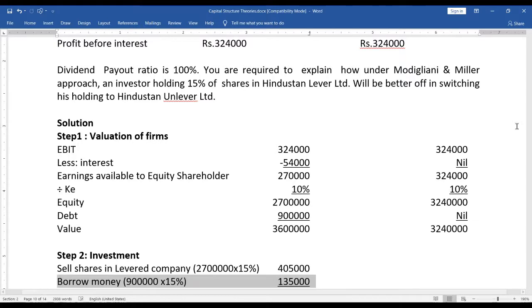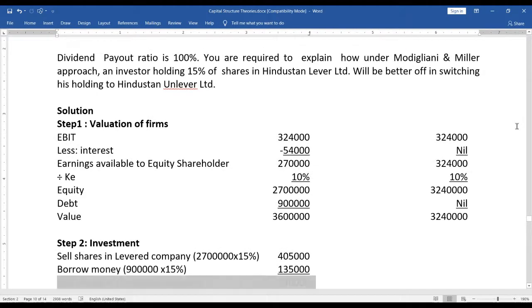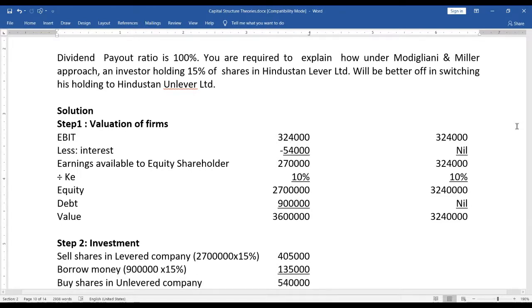At the same time, you borrow money. 9 lakh rupees is the borrowing for the company, and you are a 15% owner in the company. So you will borrow 9 lakh into 15%, that is 1,35,000. So you will buy shares in the unlevered company worth rupees 5,40,000. Perfect.